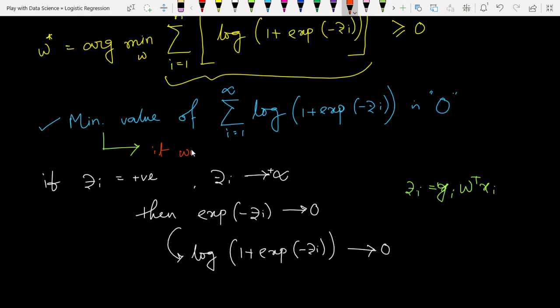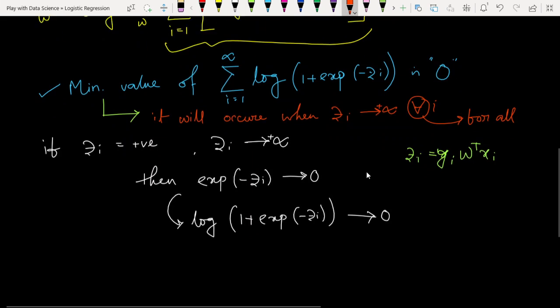It will occur when zi tends to plus infinity for all i. This symbol means for all. This function will take the minimum value when zi tends to plus infinity for all i.